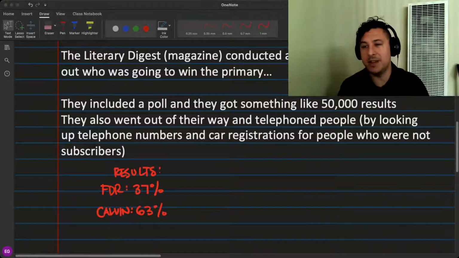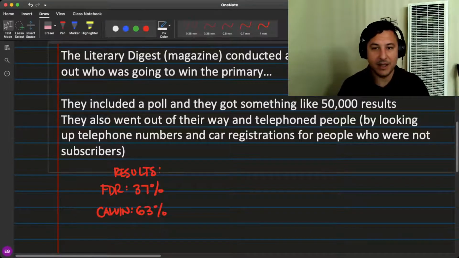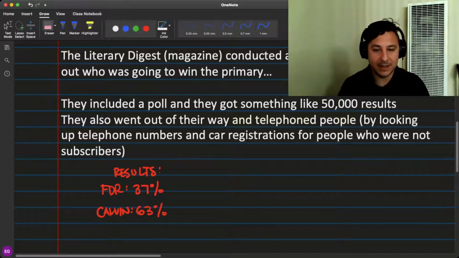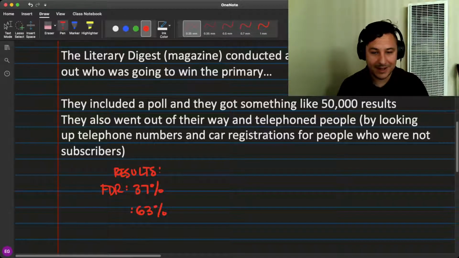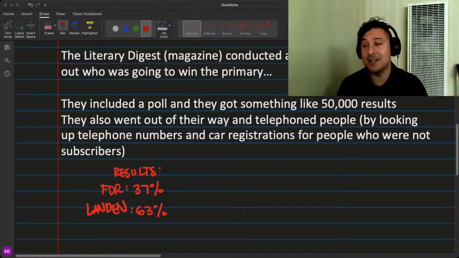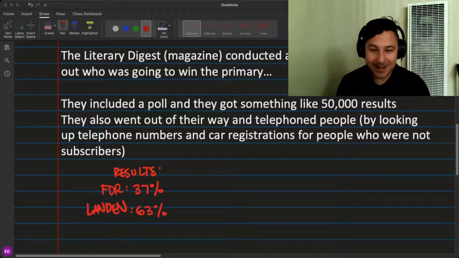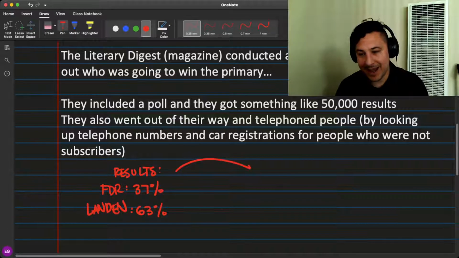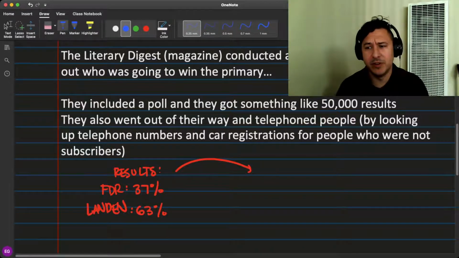Herbert Hoover, I think, was from his earlier attempt. Thank you. Landon. Sweet. It sounds like a very white man name. Let's just say that. Yeah, from Kansas. So the actual results basically were flipped.